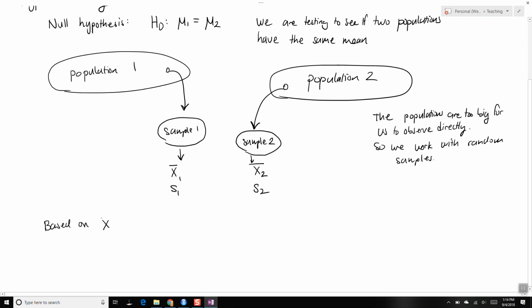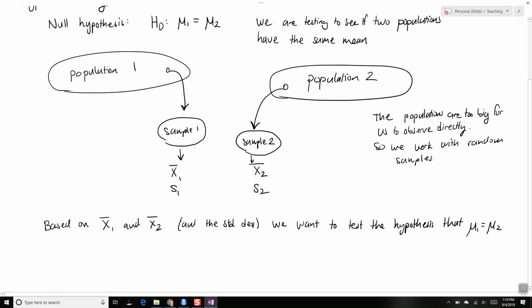Based on x bar 1 and x bar 2 and the standard deviations, we want to test the hypothesis that mu1 is equal to mu2. How does that test work?